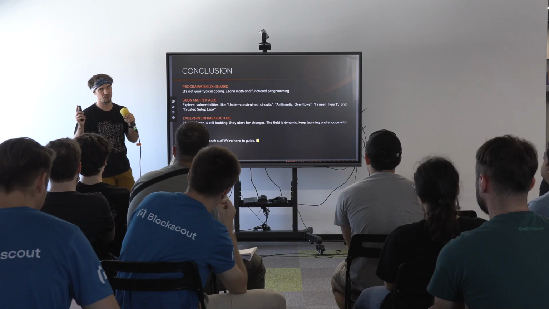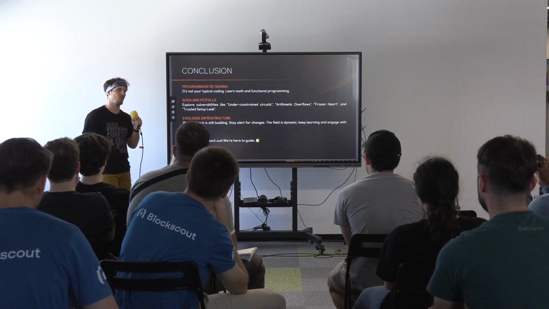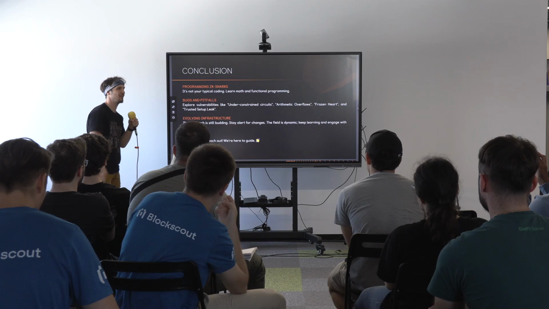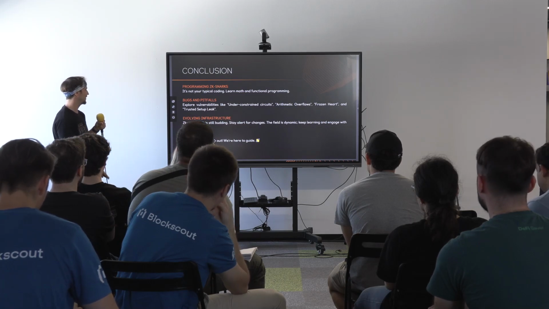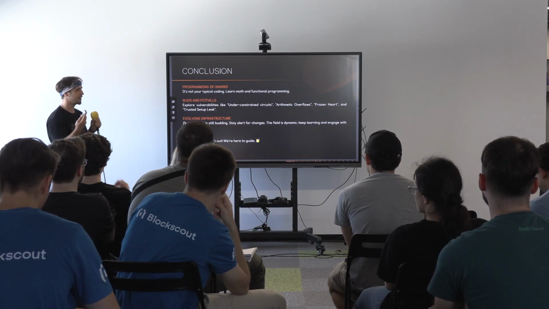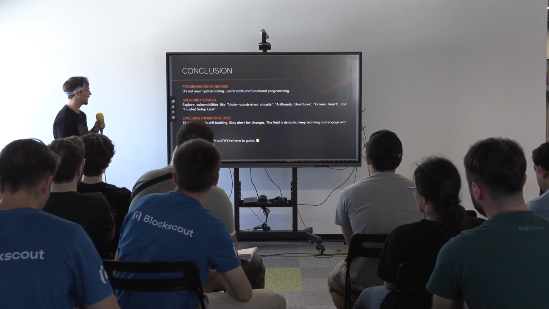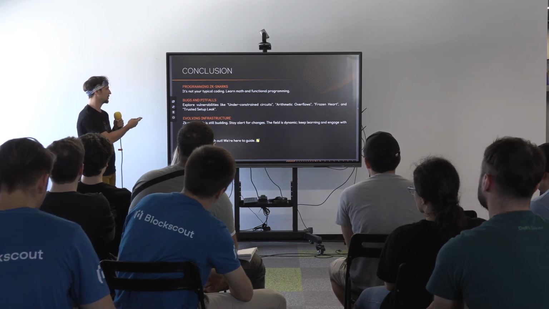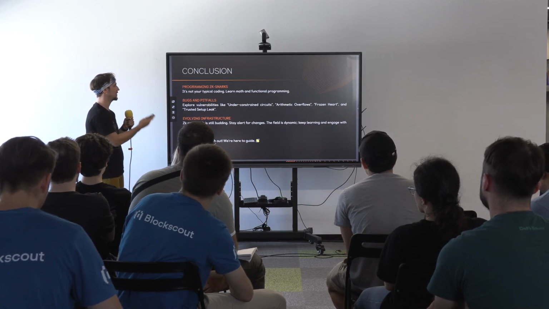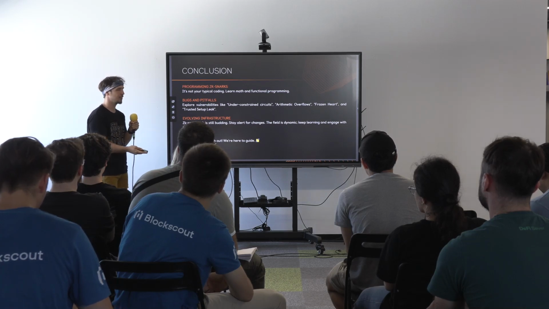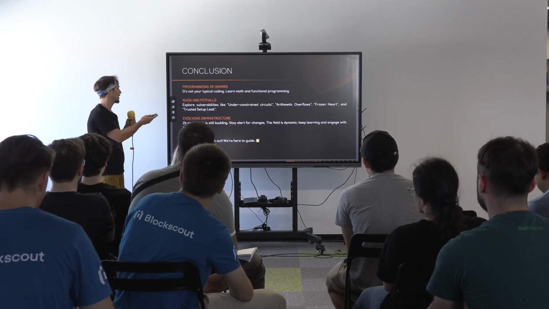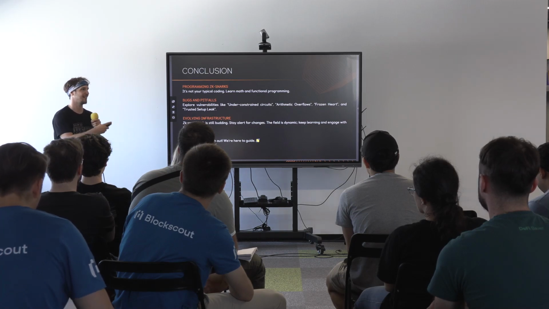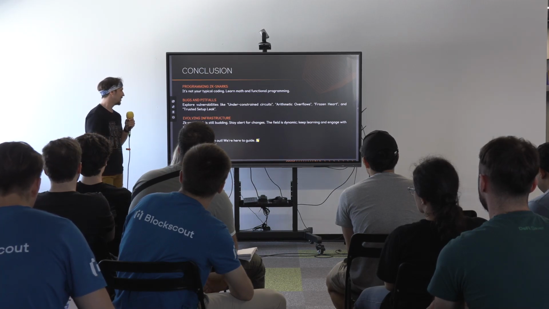It will also be very good if you know how functional programming works. It will give you extra points. Check the common bugs and pitfalls that I highlighted, but the most common are under-constrained circuits, arithmetic overflows, and the most known, like Frozen Heart and trusted setup leak. You can easily Google it and you will see it.